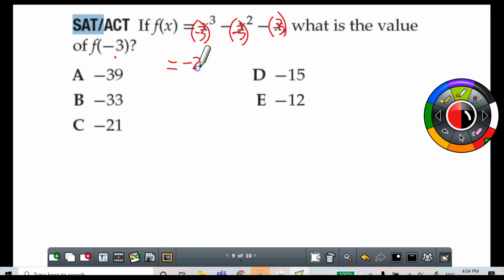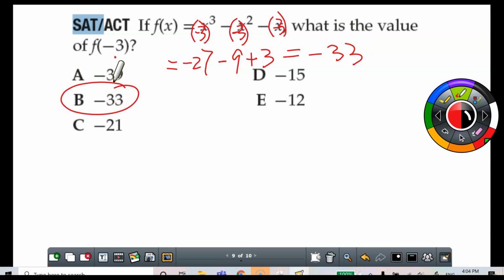So this gives you negative 27 minus 9 plus 3, which gives us negative 33, which is B. So these first two questions are evaluate a function.